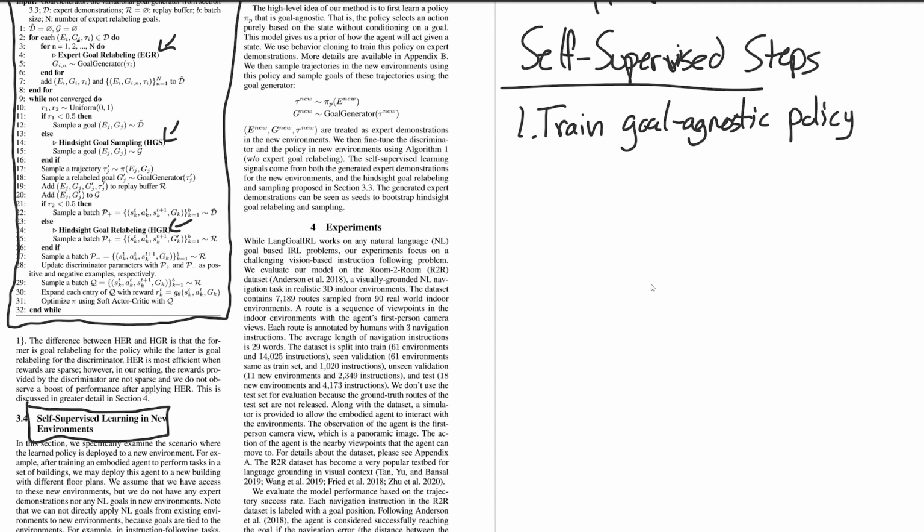Once we've learned a policy that can already execute these goals in one environment, well, then we retrain a new network essentially using behavior cloning. And I'm sorry, I don't think I have time to go into behavior cloning in this video, but there's plenty of resources online about it. But we're essentially roughly copying the policy if we take out the goals, right? So without the goals, it's copying the policy.